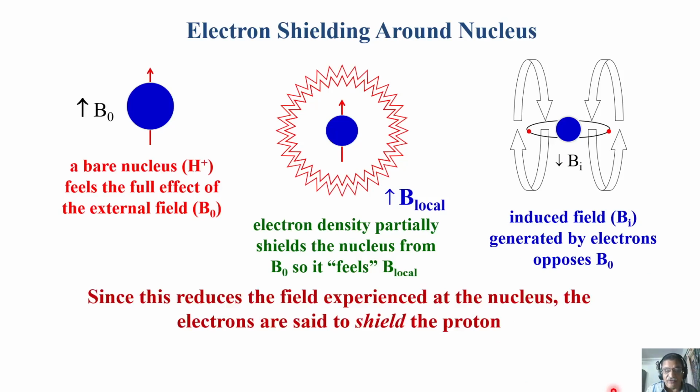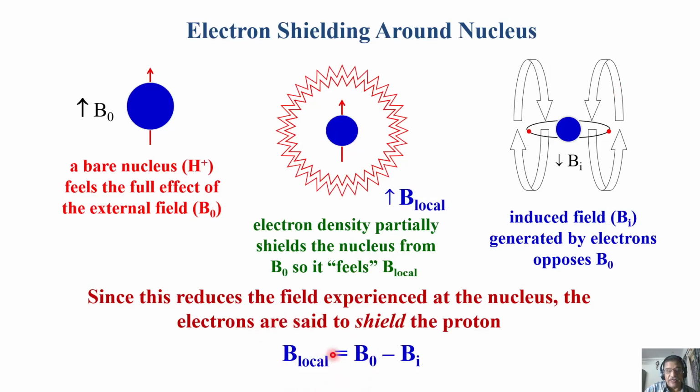Since the induced field opposes the main magnetic field, the electrons are said to shield the nucleus. It is a sort of shield, so the nucleus cannot directly see the external field; something is coming in between. So the nuclear spins do not see the external field fully. They also see the local field produced because of the electrons, and this local field opposes the main magnetic field.